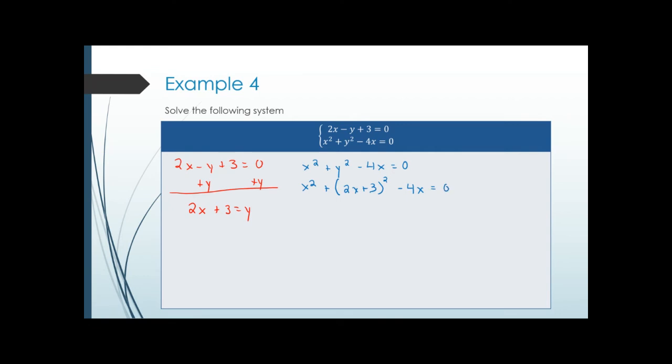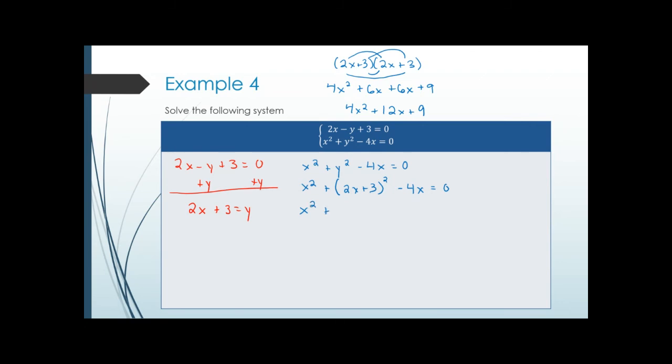Now you have to square the 2x plus 3. So (2x plus 3) squared is (2x plus 3) times (2x plus 3). So if I FOIL, I have 4x squared plus 6x plus 6x plus 9. So that's 4x squared plus 12x plus 9.